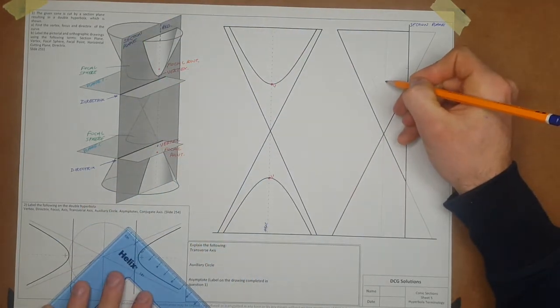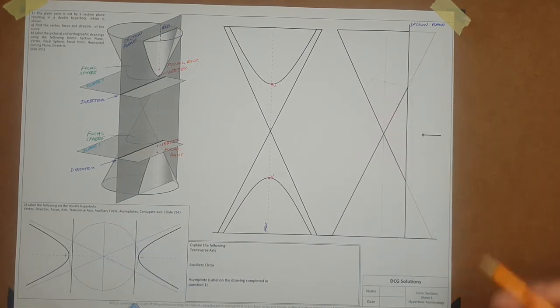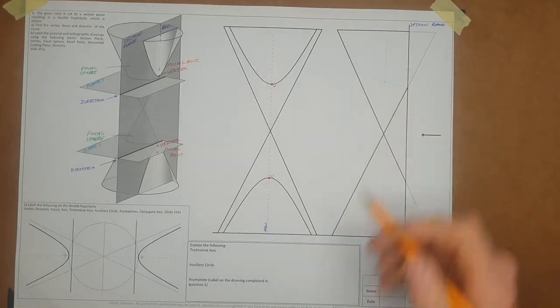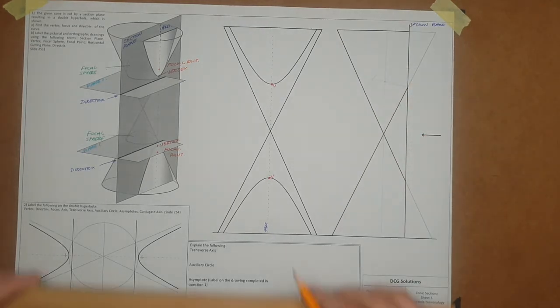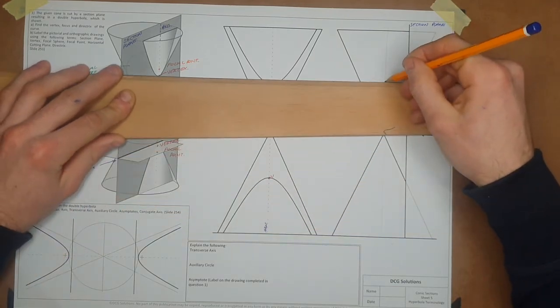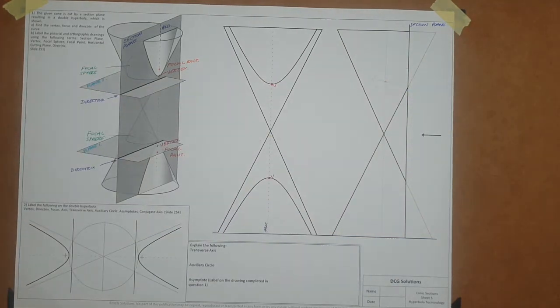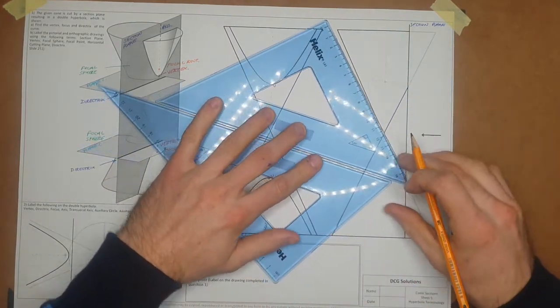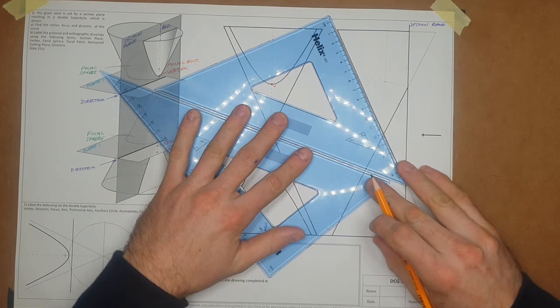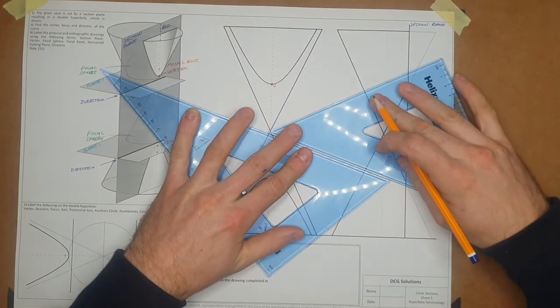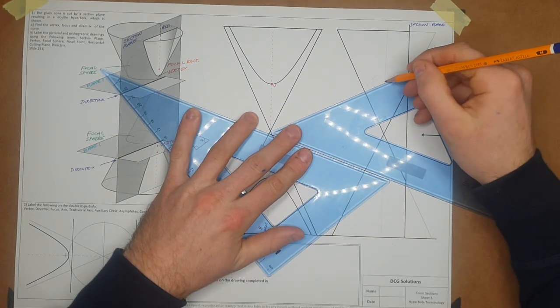That should give me the center point of the focal sphere. Once again, getting my normals. Before I draw my circle, I want my 3 normals to get my 3 points of contact. Section plane is vertical. This normal is going to be horizontal. And then the sliding set squares to match tangent angle. Slide down for the normal angle.